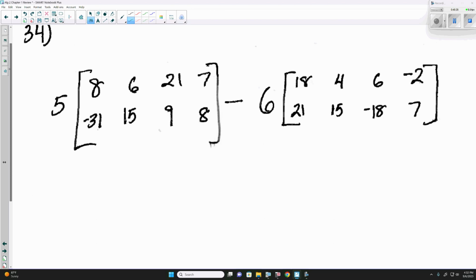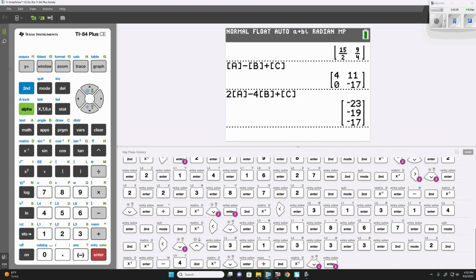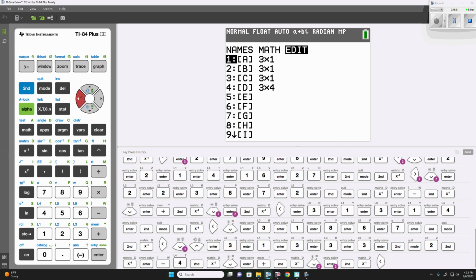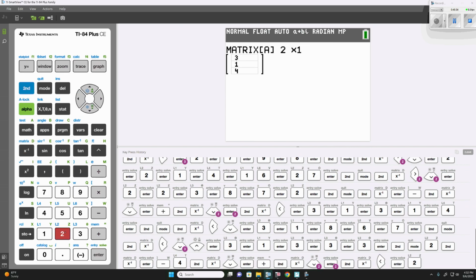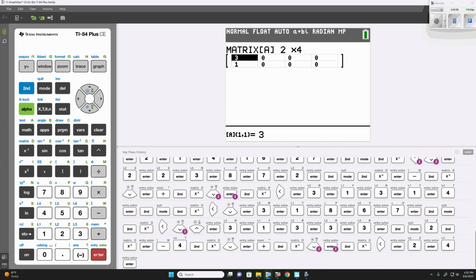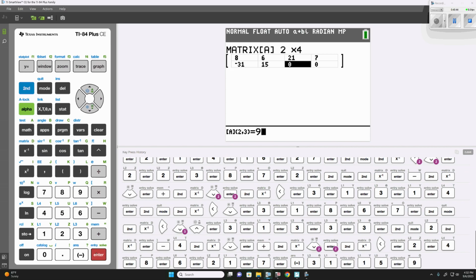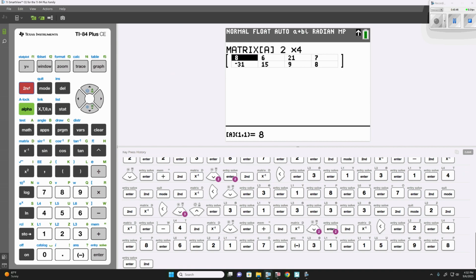And lastly, we have these here. And again, we can go and just plug these in. So I can grab the calculator and do second matrix over to edit. This is a 2 by 4. So we have 8, 6, 21, 7, negative 31, 15, 9, 8. Second, quit.